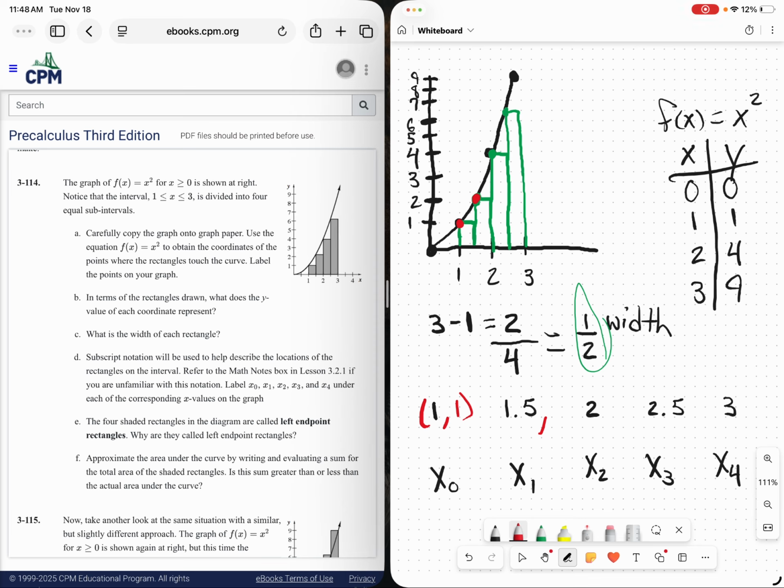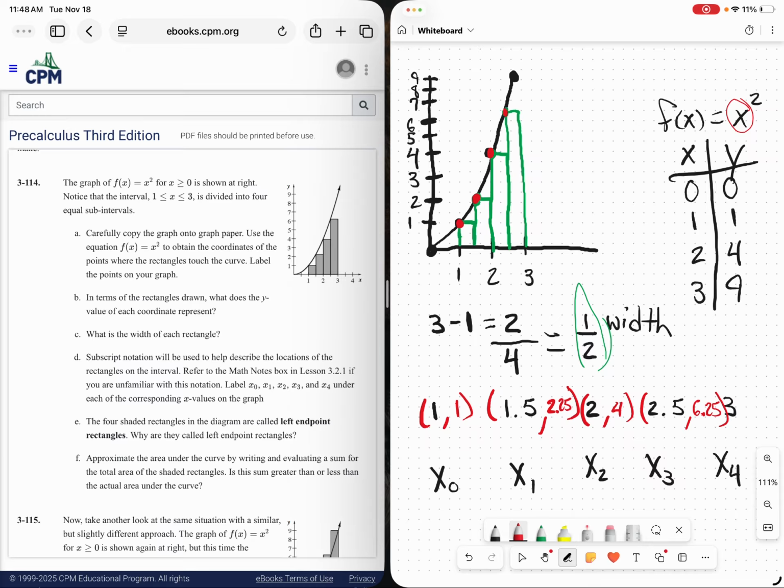Where would that be? Well, 1.5 squared, you have to put it into the function. 1.5 squared actually gets you 2.25. Okay, 2 squared is 4. That would be the next point in the graph. And then 2.5 squared is 6.25.